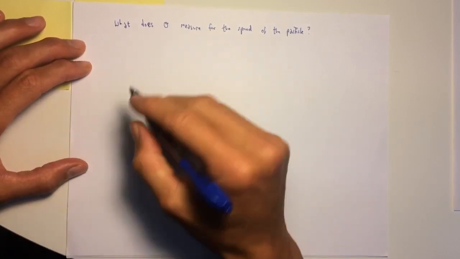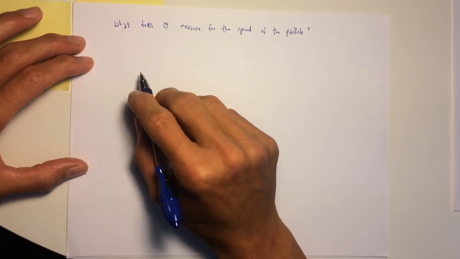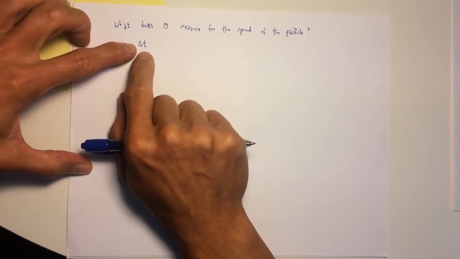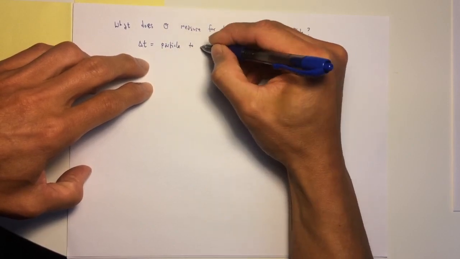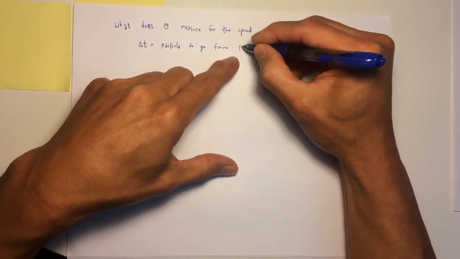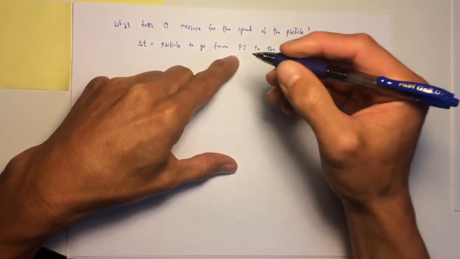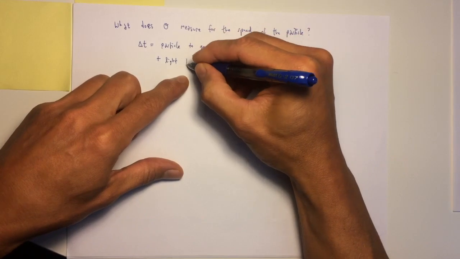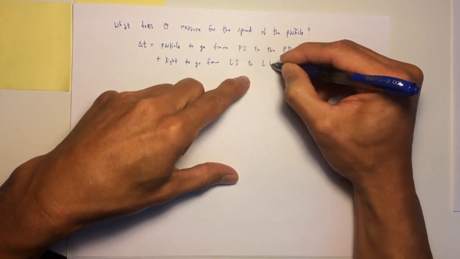All right, so the best way to do this is to pay attention to what O measures for the time for the particle to go from the particle source to the particle detector, plus the time for light to go from the light source to the light detector.